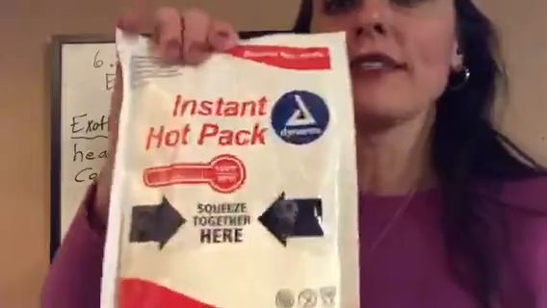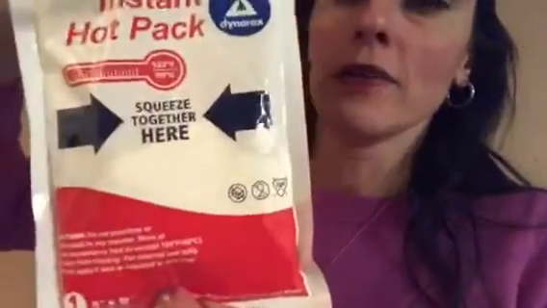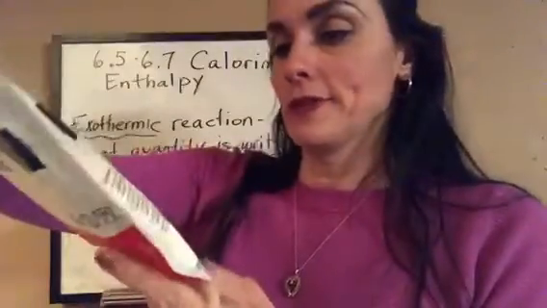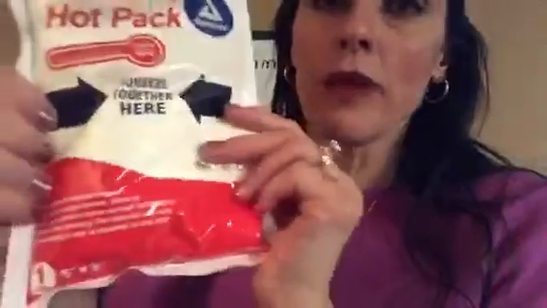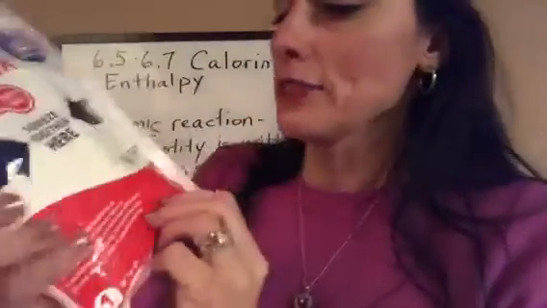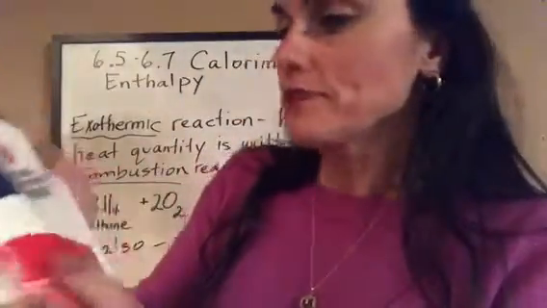But here I have another hot pack, and this one has magnesium sulfate and water. I don't know if you can hear the powder jiggling around in there, and then there's an inner pouch in the middle which contains water, and when those two substances react with each other, it's an exothermic reaction, and heat is given off.